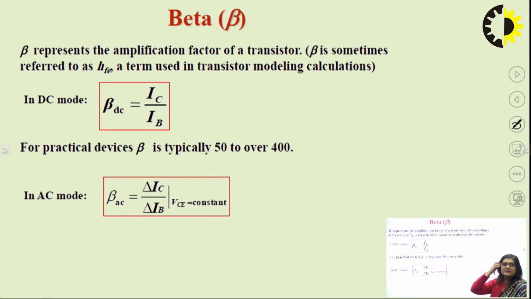Now just like in the case of the common base we have seen the amplification factor as alpha, which is equal to IC upon IE, similarly in the case of the common emitter configuration the amplification factor is denoted by beta, with output current IC and input current IB.